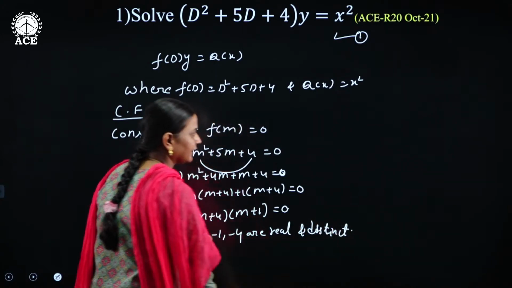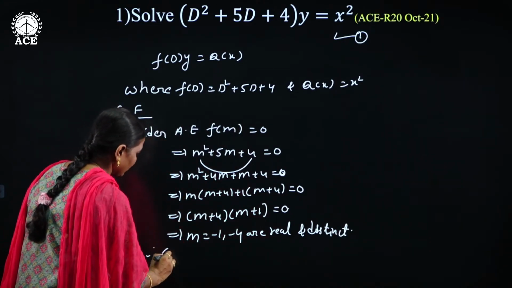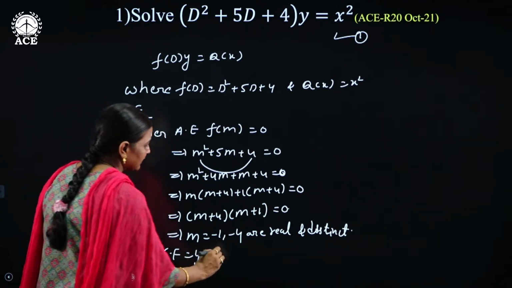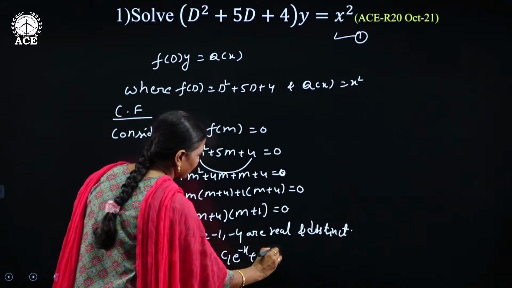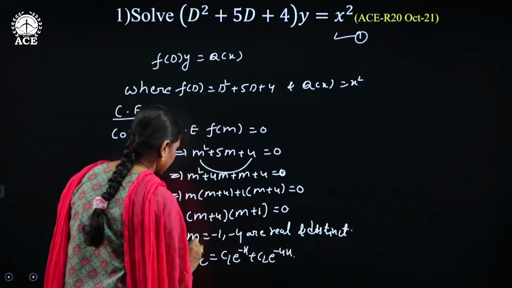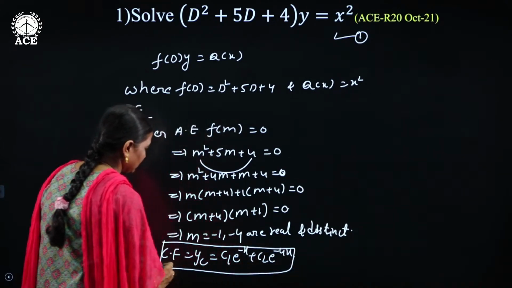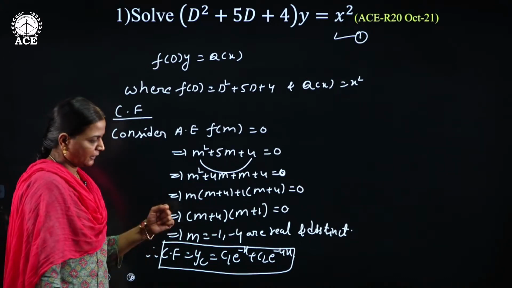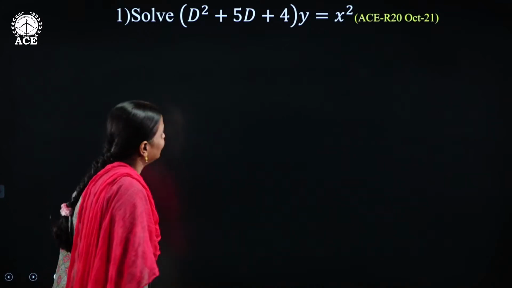When the roots are real and distinct, how to write the complementary function? Therefore, the complementary function is yc is equal to c1 into e power minus x plus c2 into e power minus 4x. This is the first part of the general solution. Next, how to find the particular integral? What is the particular integral?